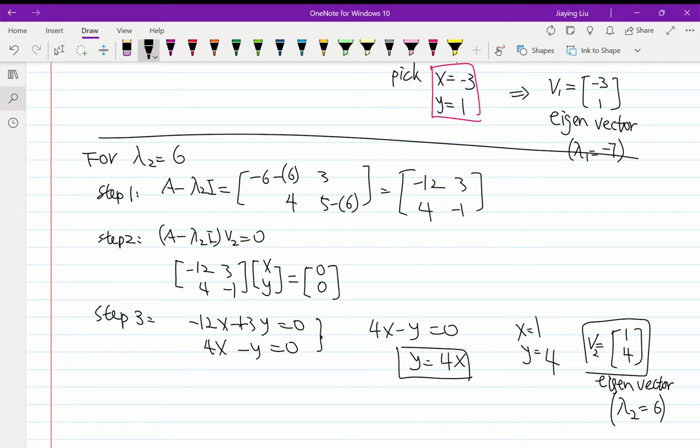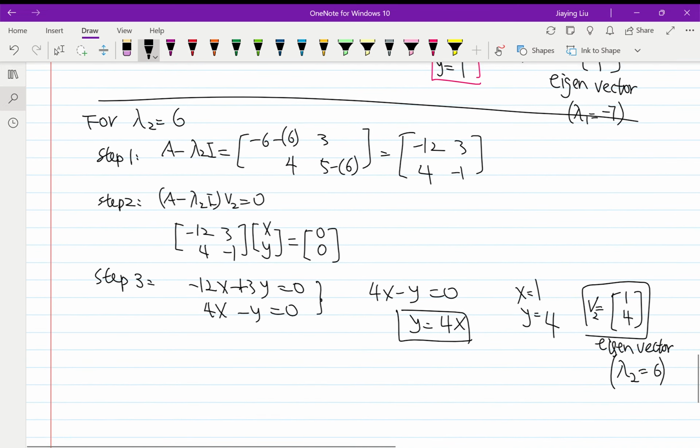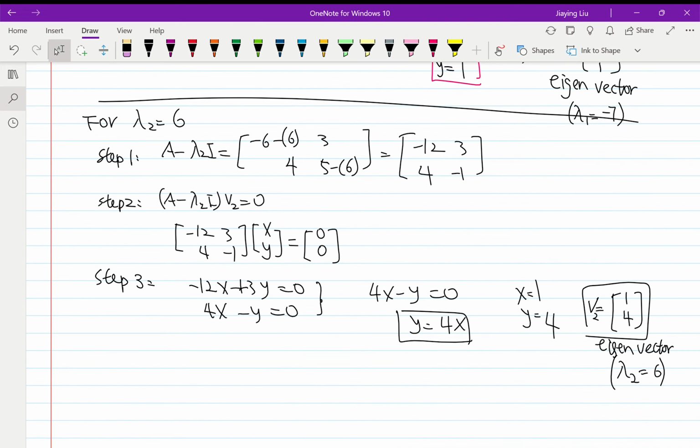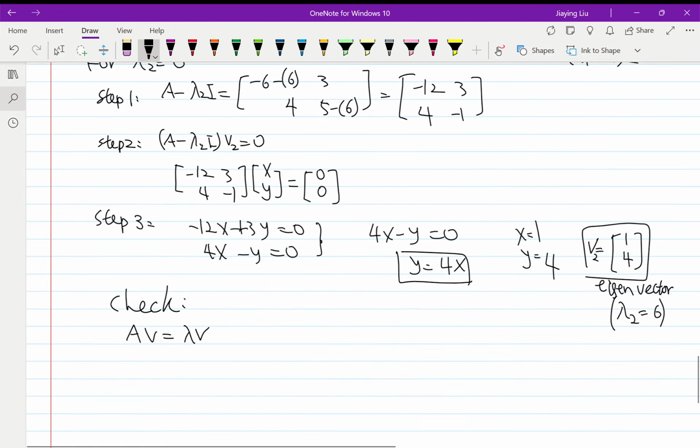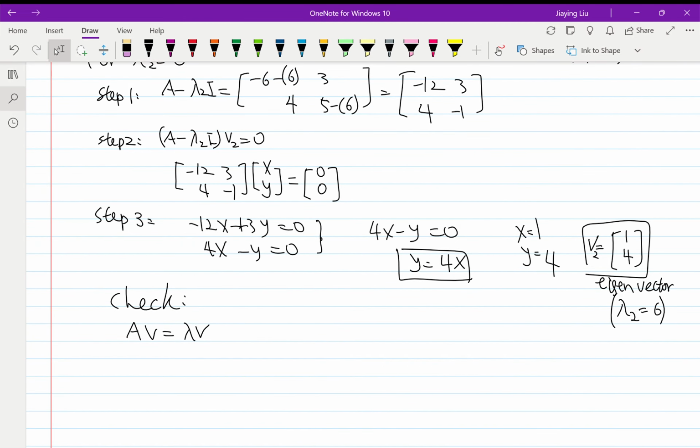It's almost time, but I do want to point out one thing. Let's say you do all this work, at the end you want to check, right? So how do we know if we did everything correctly? To check, you can go back to what we began with, which is Av equals lambda v. For example, how do I know this eigenvector is correct for this eigenvalue?